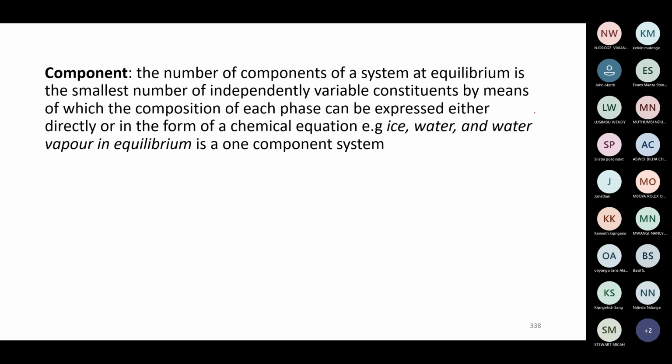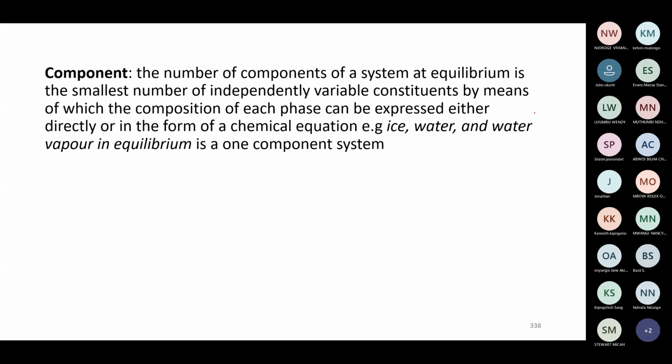Now, for a component, the number of components of a system at equilibrium is the smallest number of independently variable constituents by means of which the composition of each phase can be expressed either directly or in the form of a chemical equation.